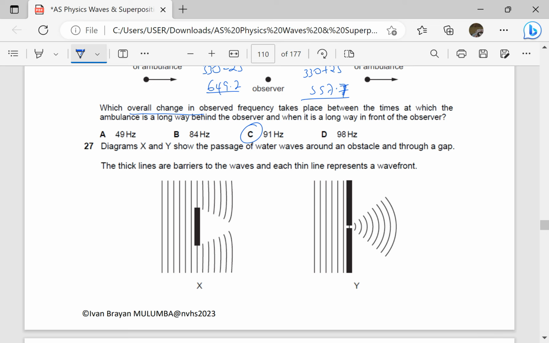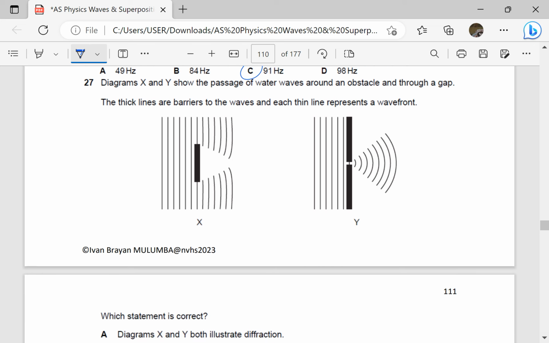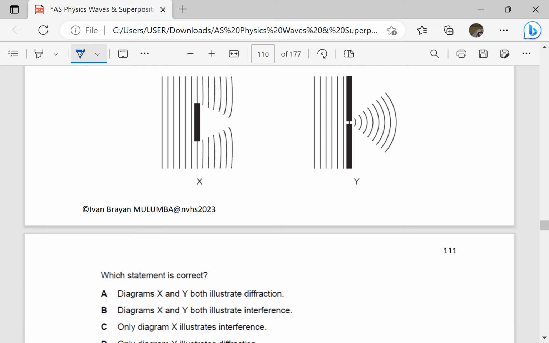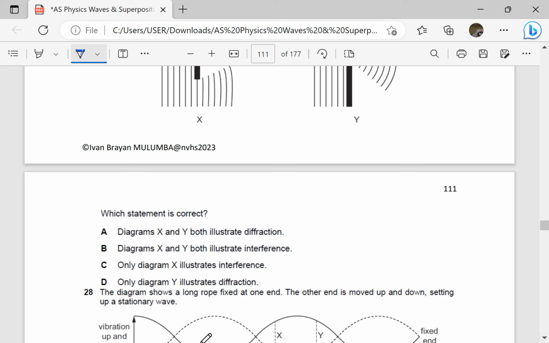Diagrams X and Y show the passage of water waves around an obstacle and through a gap. The thick lines are barriers to the waves, and each thin line represents a wavefront. Okay. Which statement is correct?